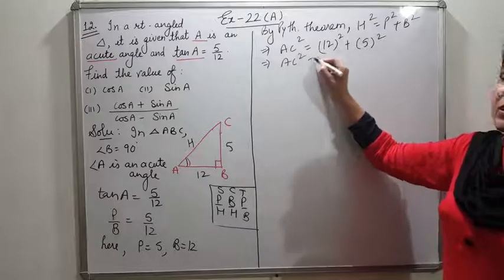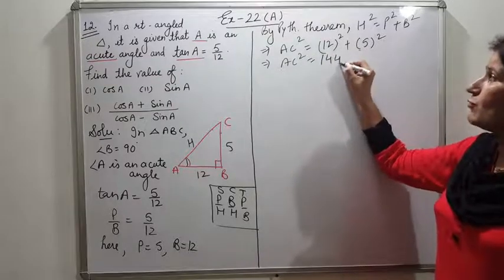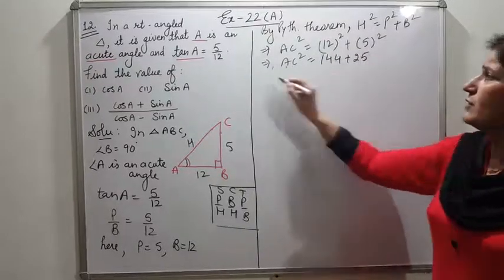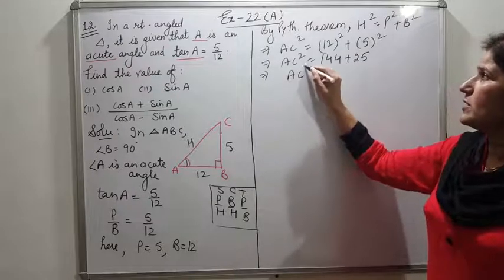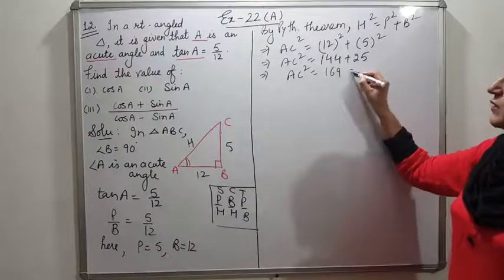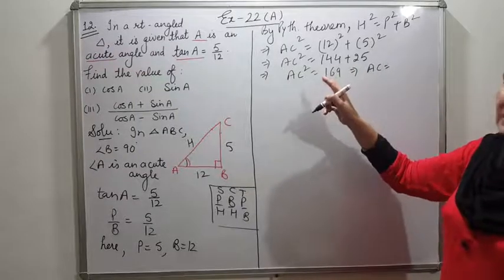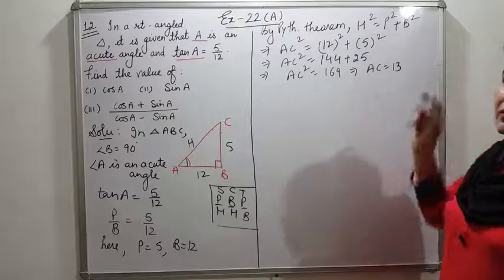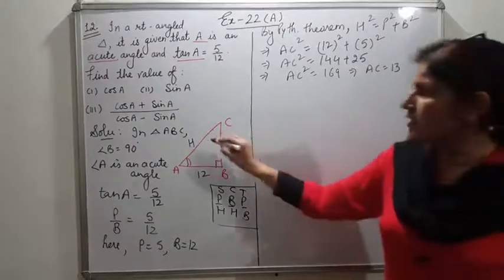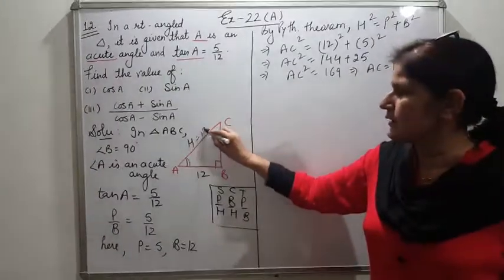AC square equals 12 square is 144 plus 25. AC square is 169, and what will AC be? We have to take the square root of 169, that means it is 13. We will not take any unit here. So our hypotenuse is 13.